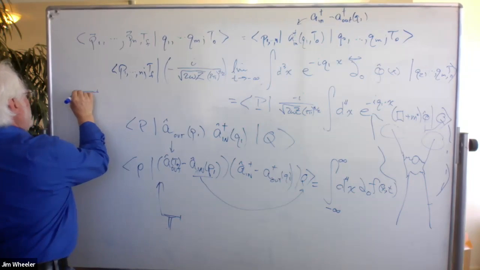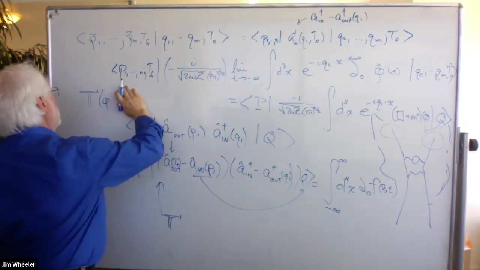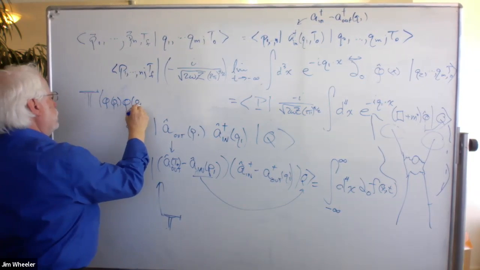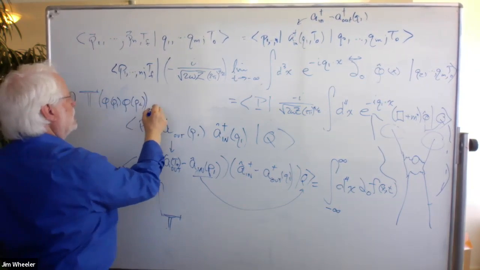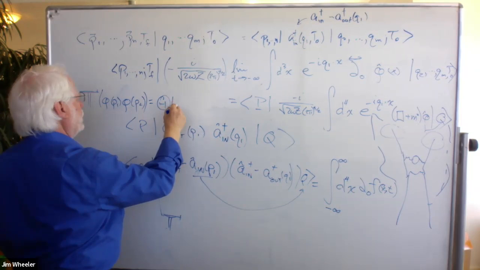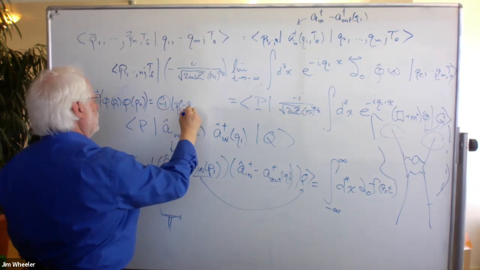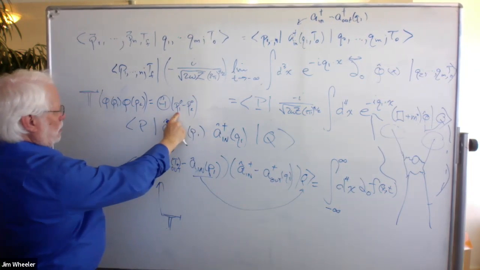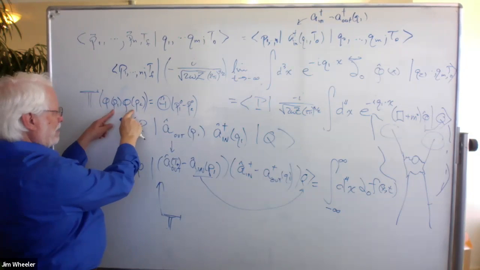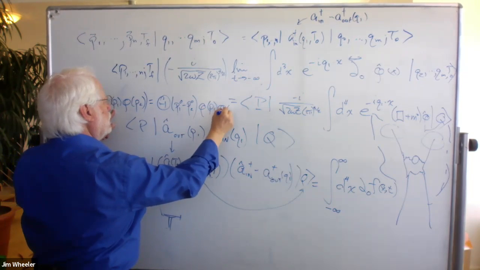So concretely, if you've got two fields, phi at P1 and phi at P2, because these are all Klein-Gordon fields, I can write that as a theta of the time component of P1 minus the time component of P2. So if P1 is greater, this time is after that time, and so we just leave it as phi of P1, phi of P2.